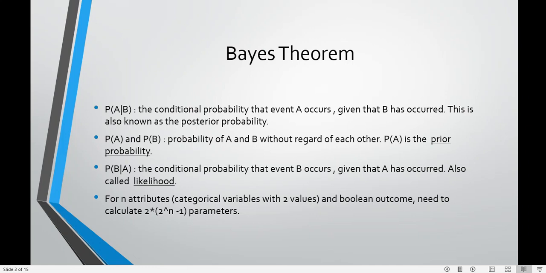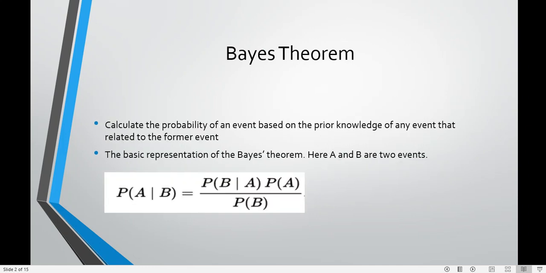The probability of B given that event A has occurred, this conditional probability, is known as likelihood. So you can understand that when I have to find the probability of event A given event B, I should know the three components given in the right part of the equation.